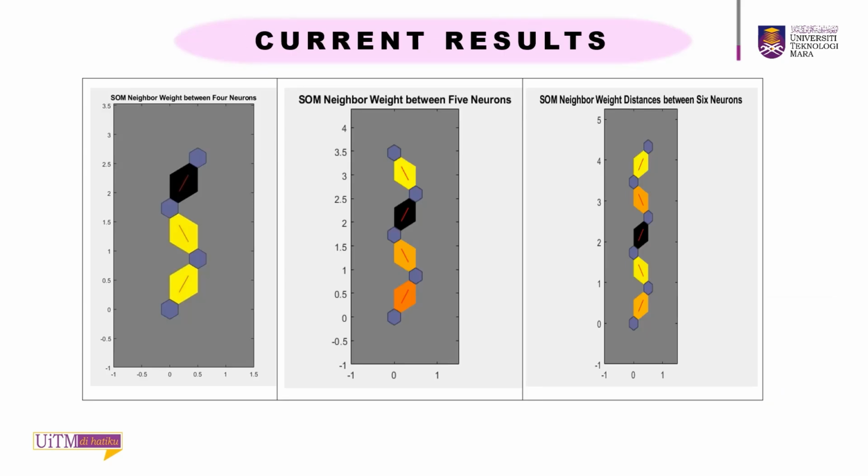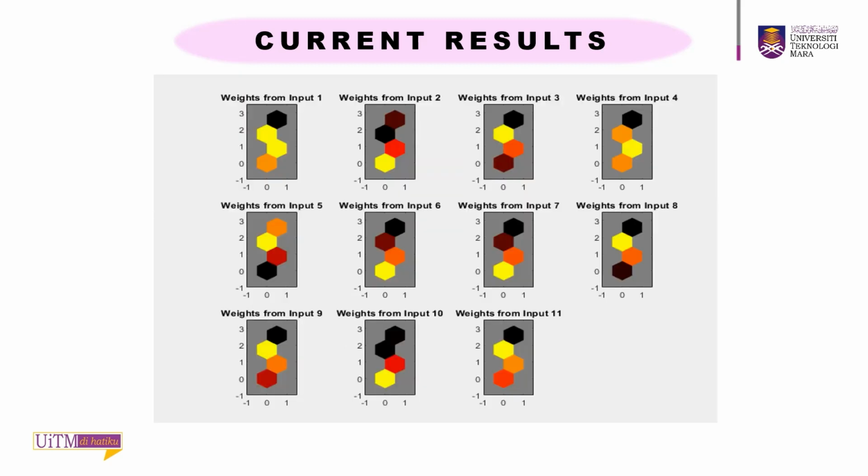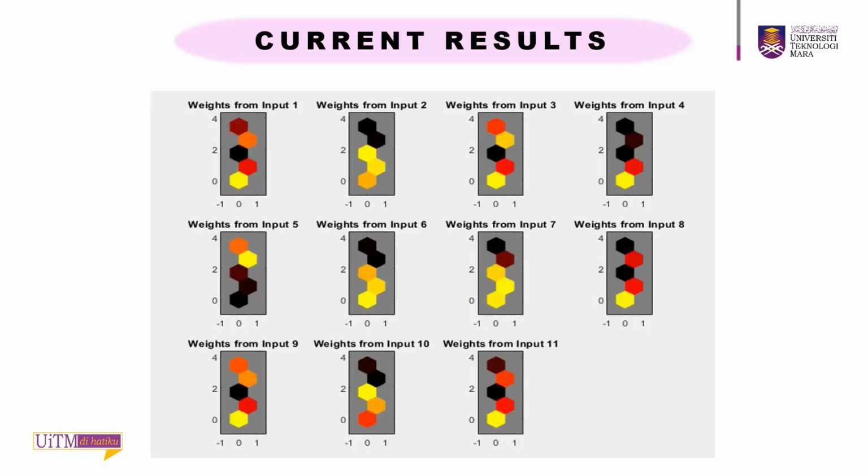This is the current result, which is the SOM neighbor weight distance for 4 grades, 5 grades, and 6 grades. And this is the result for the weights of neurons consisting of input 1 until input 12. This is for the weights of the inputs for the 5 grades, consisting of input 1 until input 11.